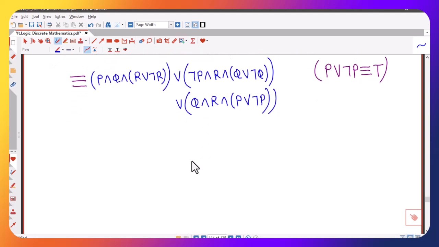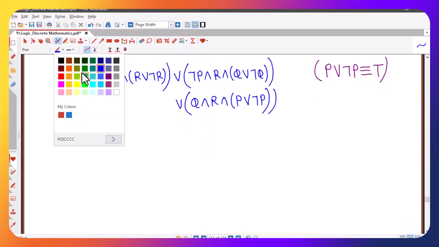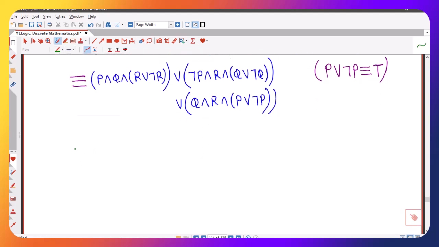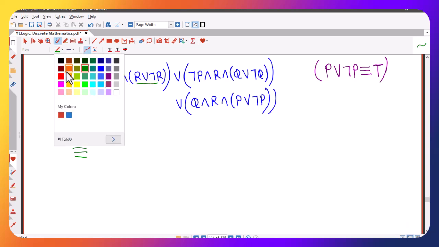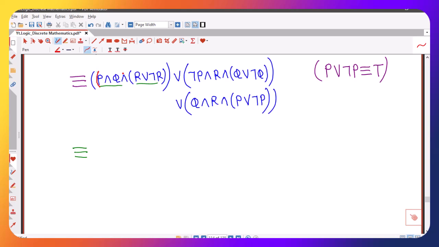and the bracket is complete. Now we use distributive laws, so we will consider p and q with this. If we wish, we can write in the bracket also p and q and this. Similarly negation p and r, here q and r and this.